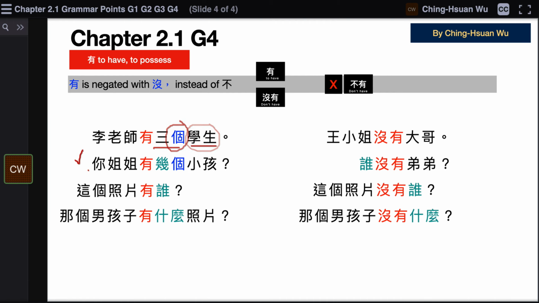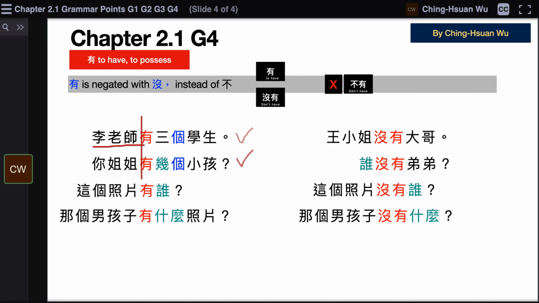Next, 你姐姐 your sister 有 has 几个 how many 小孩 children. How many children does your sister have? Here 几 is a question pronoun to ask about numbers. As you can see here in this declarative sentence and the question, they share the same word order.